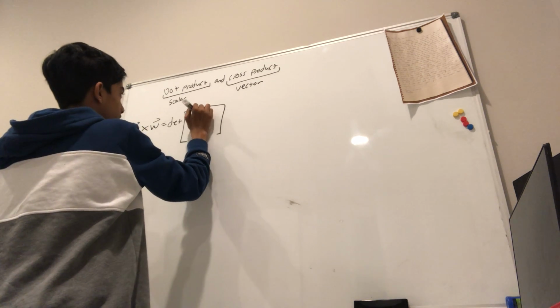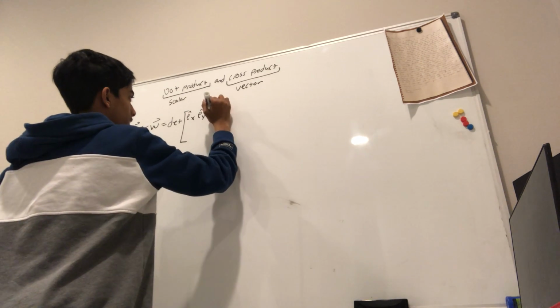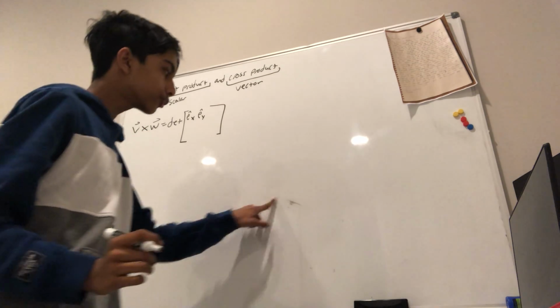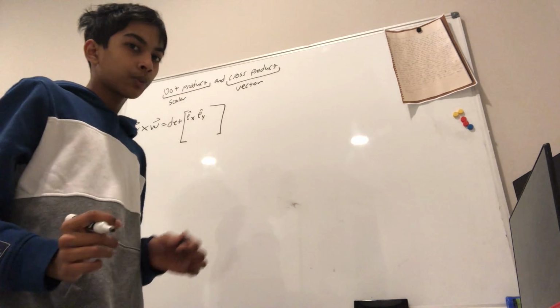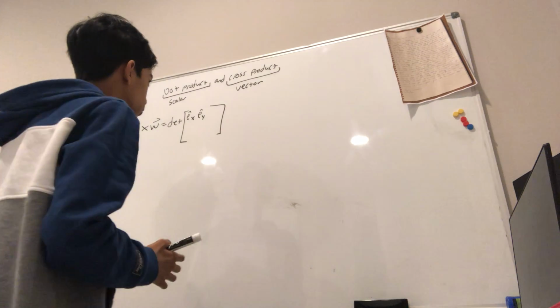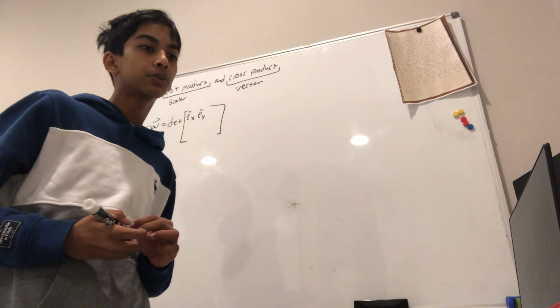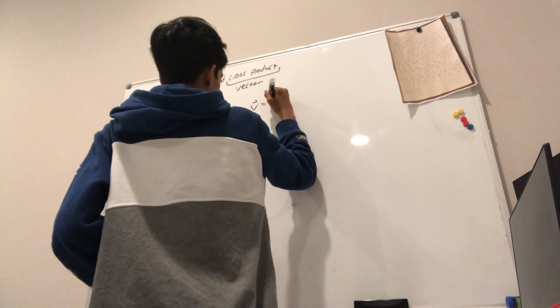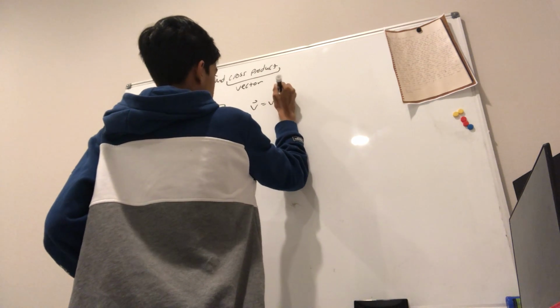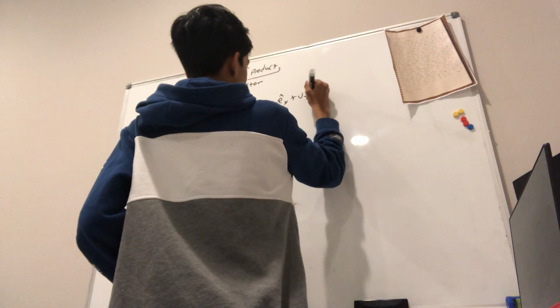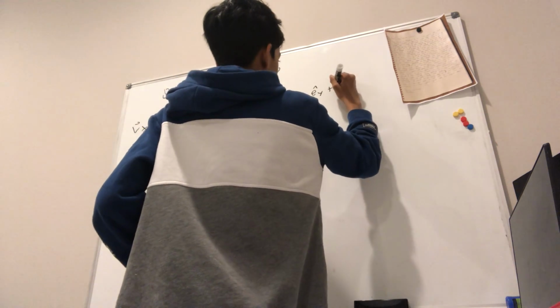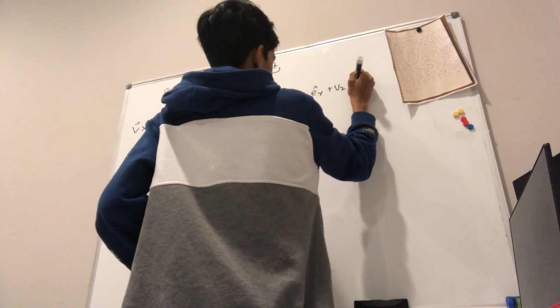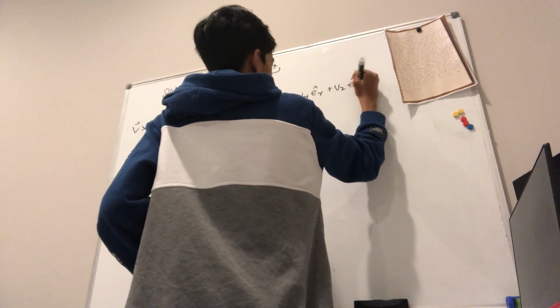So e_x, e_y, and I should also mention that two-dimensional terms are undefined when using the cross product. So we're going to define v as equal to vx e hat x plus vy e hat y plus vz e hat z, and the same for w.